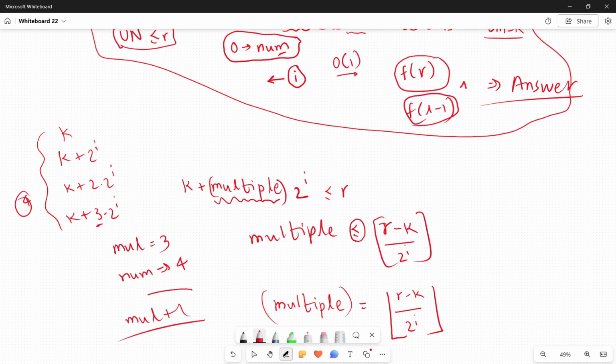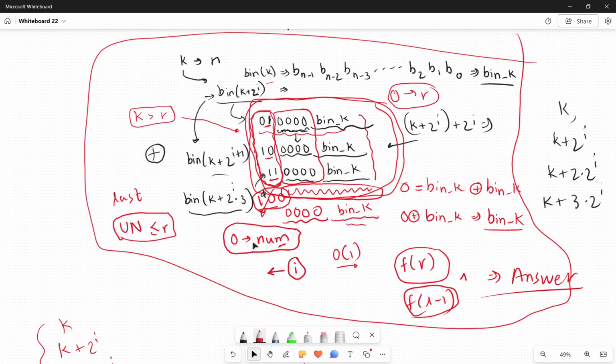This is needed because we need to know how many times this number is occurring, because finally we have to consider whether to take the binary of k or not. And also the number is needed for calculating this XOR.